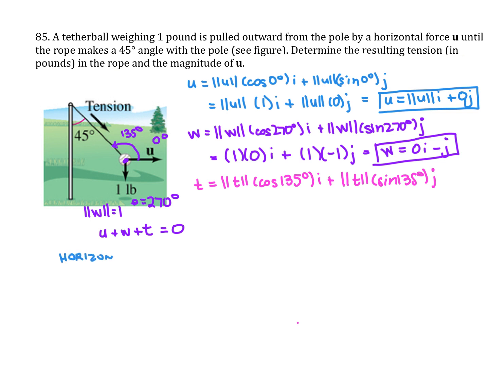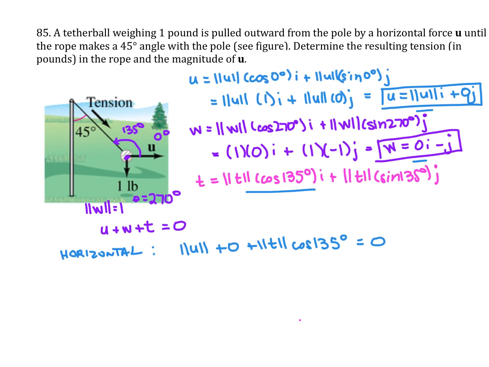So let's write an equation containing all of the horizontal components, the values that have our i, or the cosine. For the horizontal, we have the magnitude of U, I'm not going to include the i, plus 0 for W, plus the magnitude of T, cosine of 135 degrees, and that's all going to equal 0.